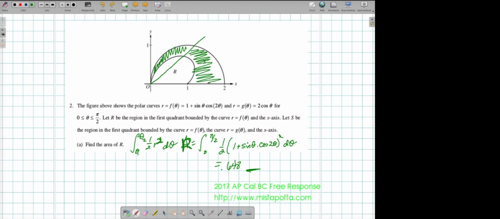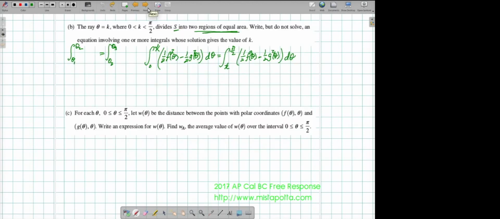Now, obviously, I've drawn a very poor line as an initial guess, but if this ray, theta equals k, is my dividing line, then I'm going to have the integral from 0 to k of my outer function, this is my big R, minus my inner function, let's call this little r, and then I'm going to be doing from theta equals k to theta equals pi over 2, which gets me through the first quadrant.